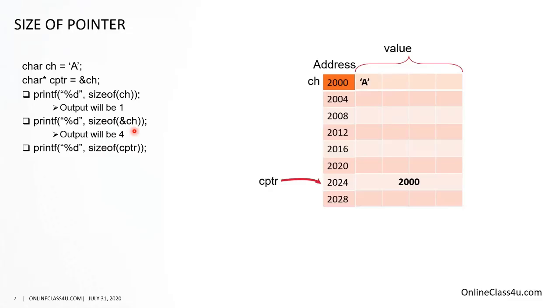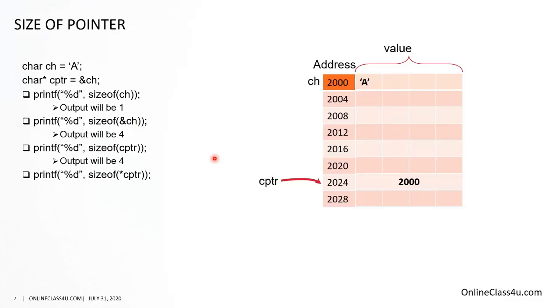Let's consider another example, printf of sizeof(cptr). sizeof(cptr) is a memory address, which is 2024, and that is nothing but an integer value. What is the size of an integer? It will be 4.